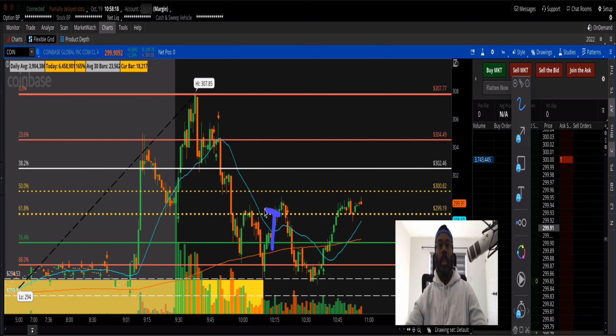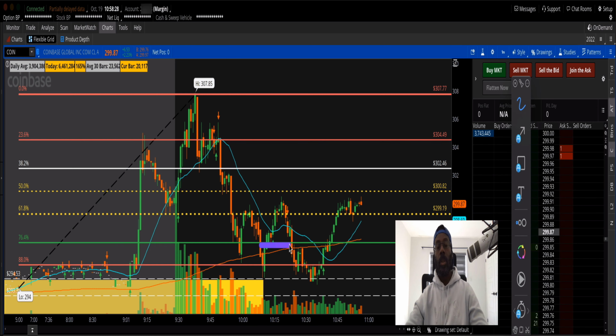If a breach would have passed 61, my guys know, way before that, they got to get out at the 76.4 level, 297, right? They hit the trade right here at 295 put, they got out.